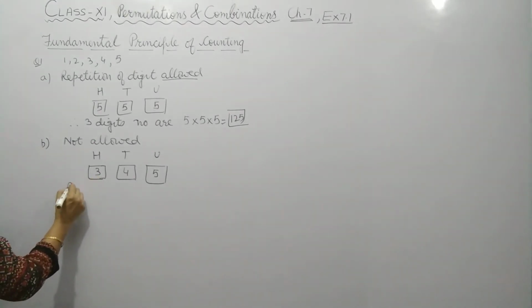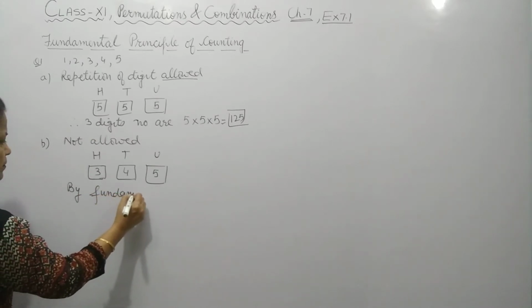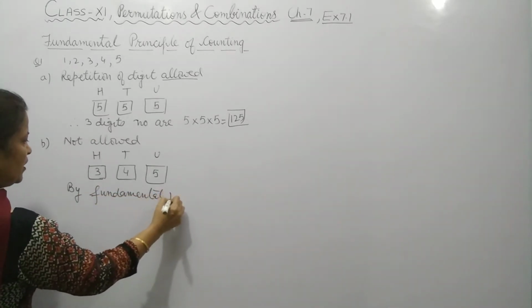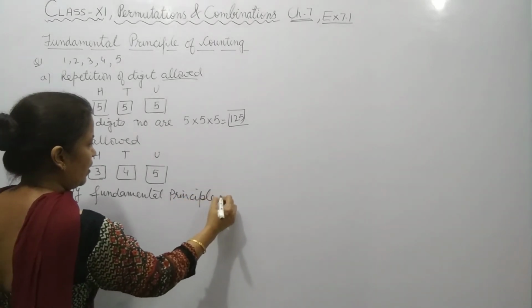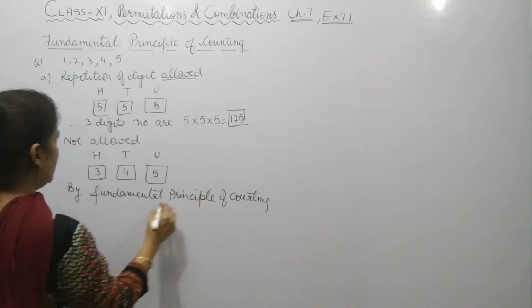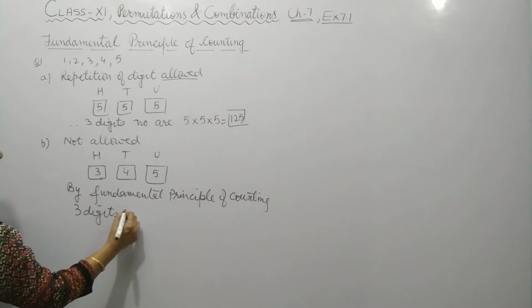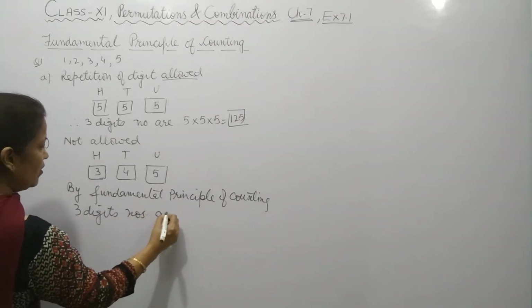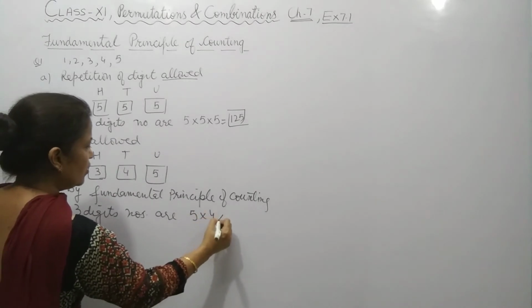So therefore, by the fundamental principle of counting, 3-digit numbers will be how much? 3-digit numbers are 5 into 4 into 3.